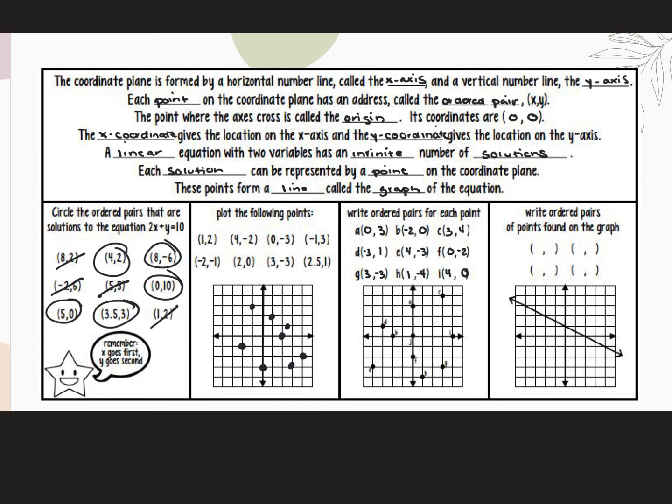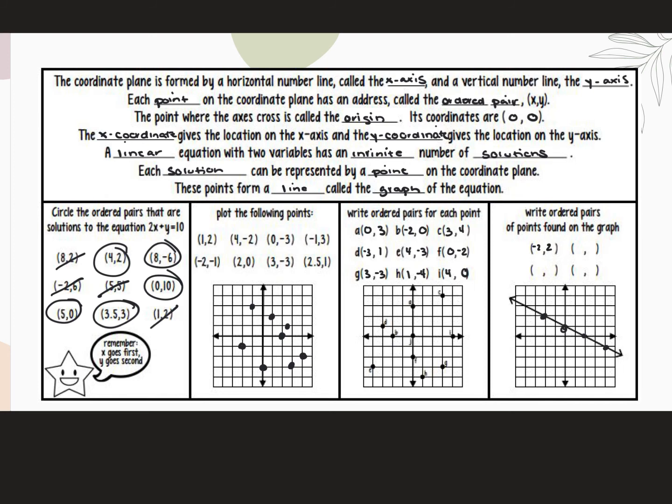All right. Now it says, write the ordered pairs of the points found on the graph. All right, so we're going to look here. That perfectly crosses, that perfectly crosses, that perfectly crosses. So we have our first point is going to be negative 2, 2.